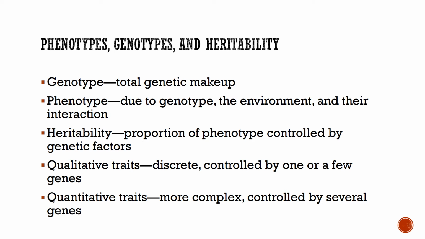They're very discrete; when you're thinking qualitative, you're thinking just one or a couple, not a lot. Quantitative traits involve a lot more genes, and they're more complex, and we breed them on a larger scale. So qualitative, quantitative, and heritability have to do with the genotype and the phenotype once they are formed.